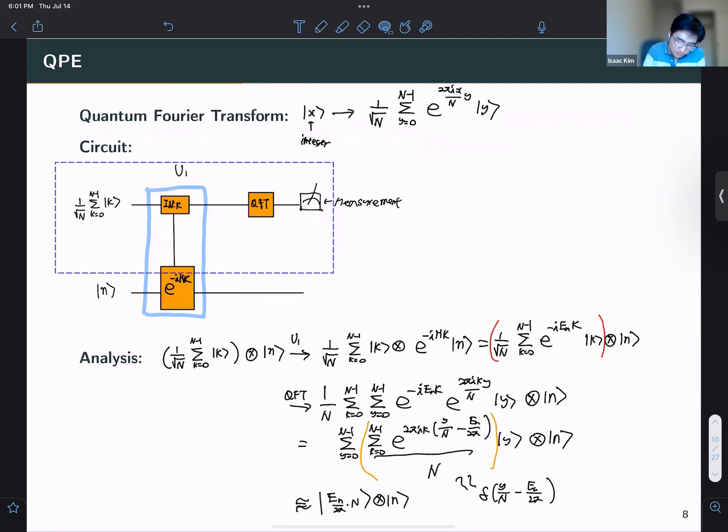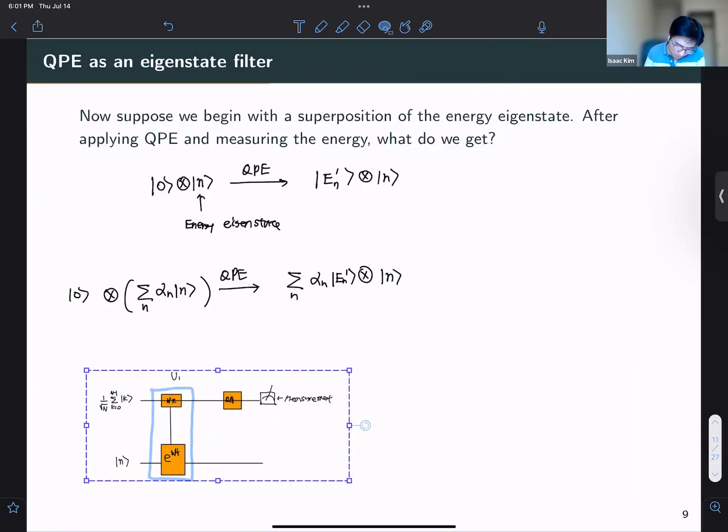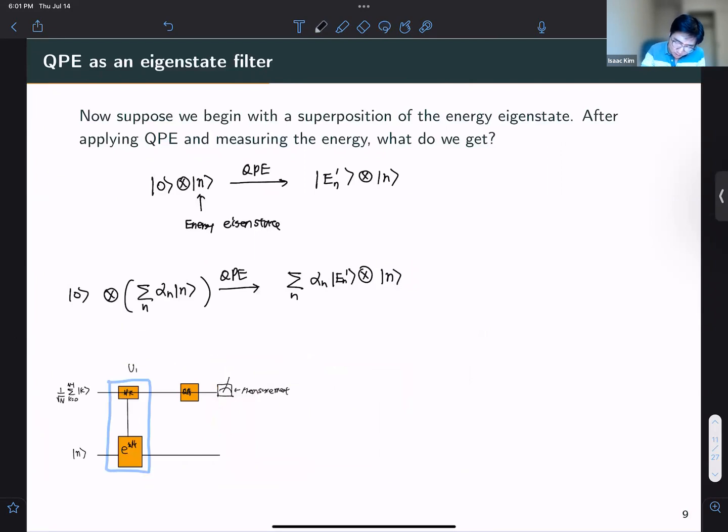So when we do that, depending on your measurement outcome, with probability of alpha absolute value squared, the post-measurement state will be the energy eigenstate, yeah?